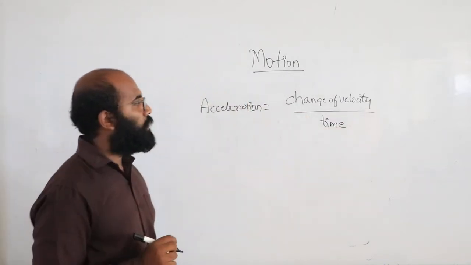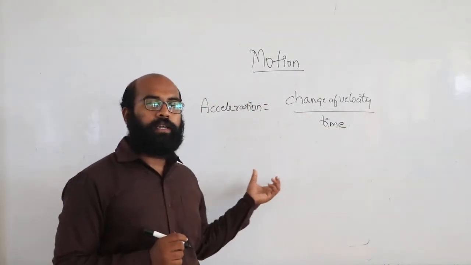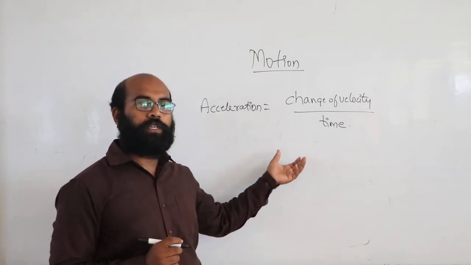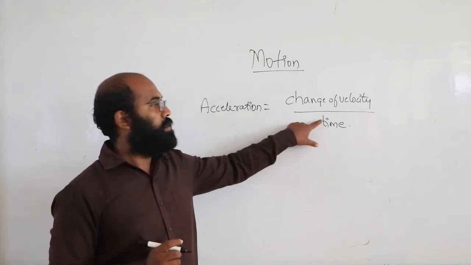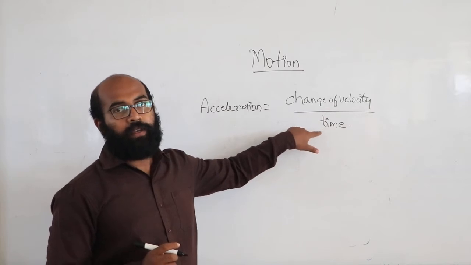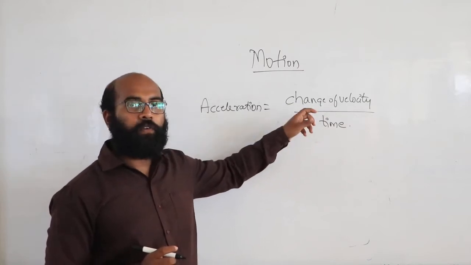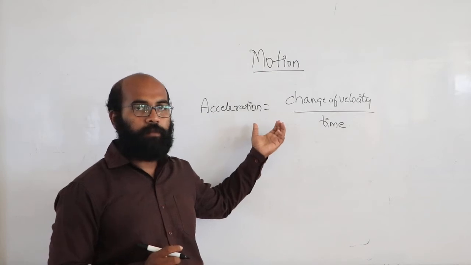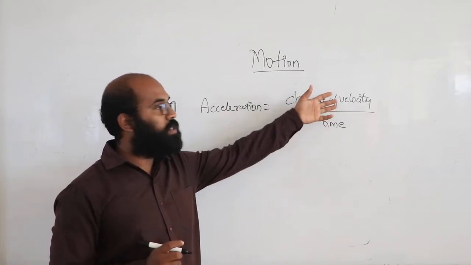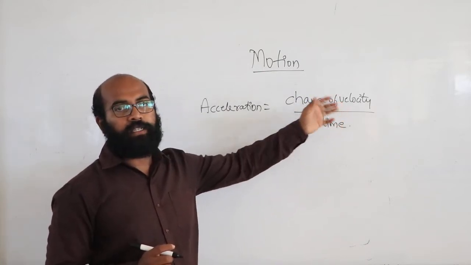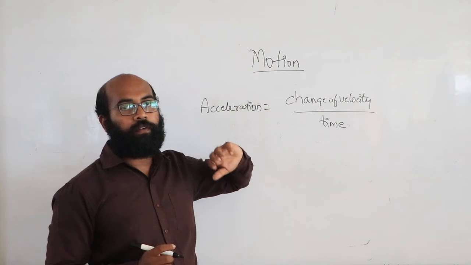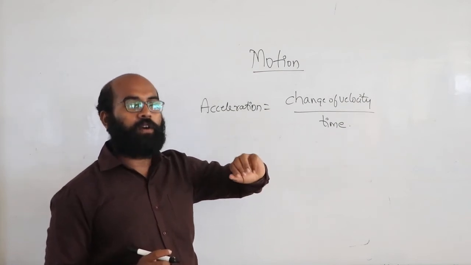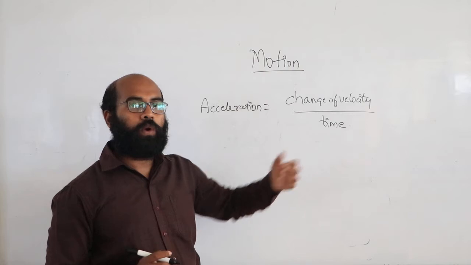If you want to define it, it is nothing but the rate of change of velocity. Since it is divided by time, you can read it as rate of change of velocity. It is nothing but acceleration. When you say change of velocity, there is a change in velocity, from what value to what value.